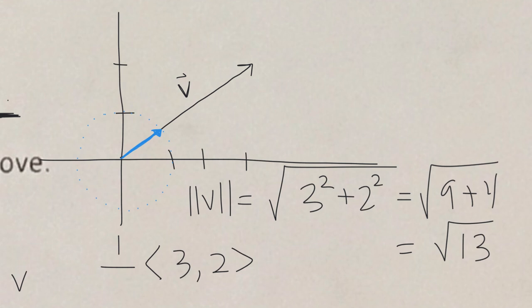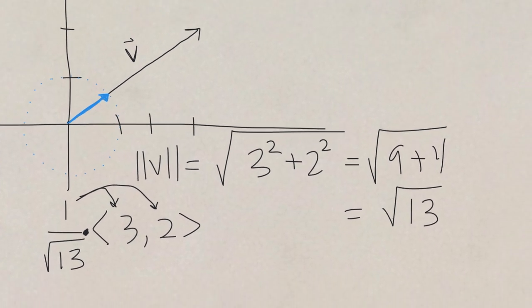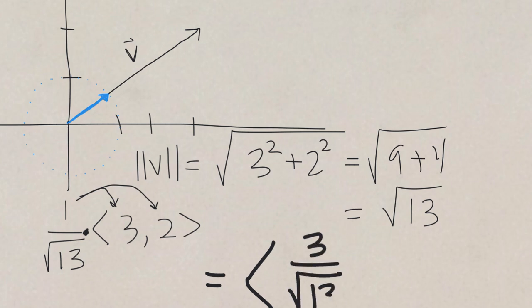In other words, multiply by 1 over root 13. Dividing is the same thing as multiplying. So we're going to distribute this into both of our terms, just like we would do with a point or some parentheses. So the unit vector is going to end up being 3 over root 13, comma 2 over root 13.